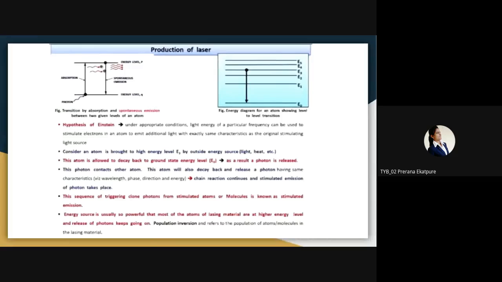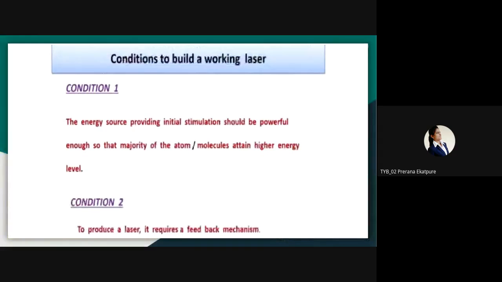There are two conditions which have to be fulfilled for a working laser. The first condition is the energy source provided, the energy source providing the initial stimulation.